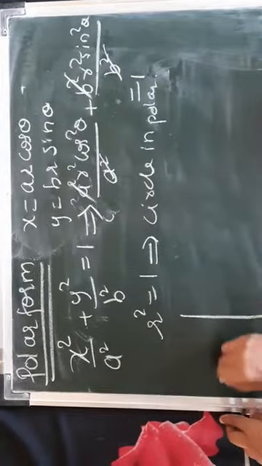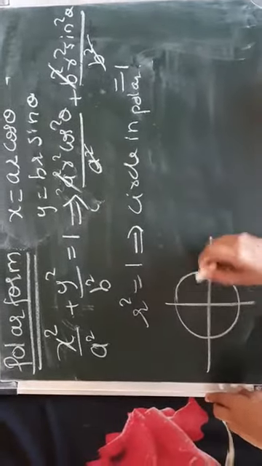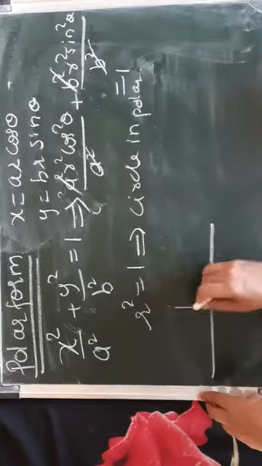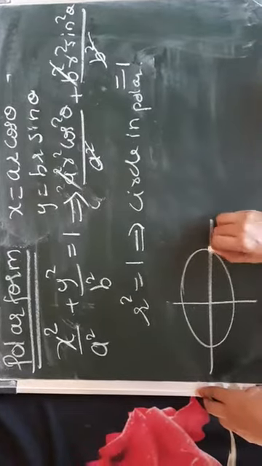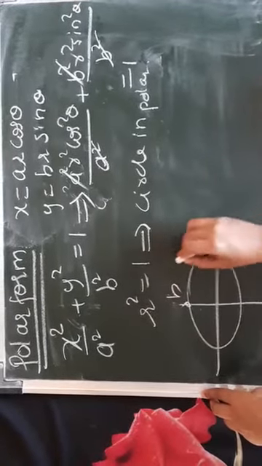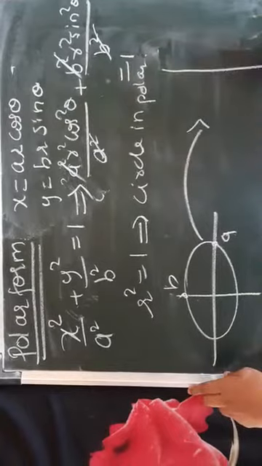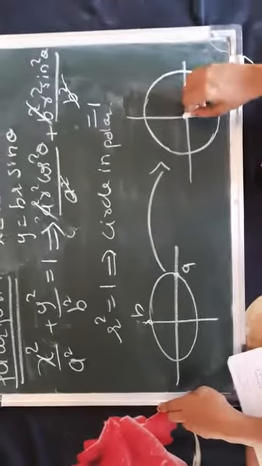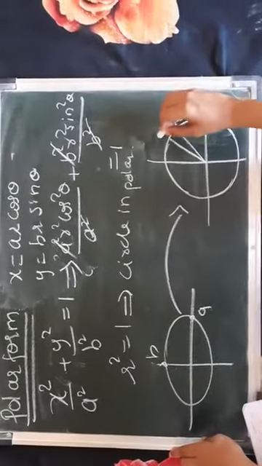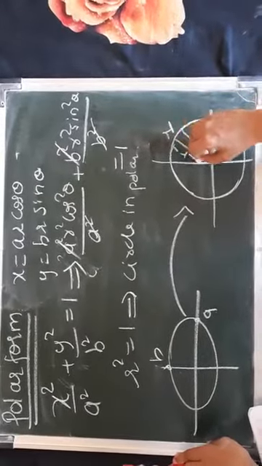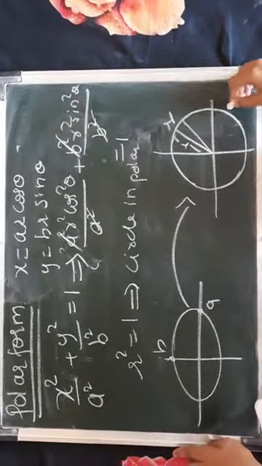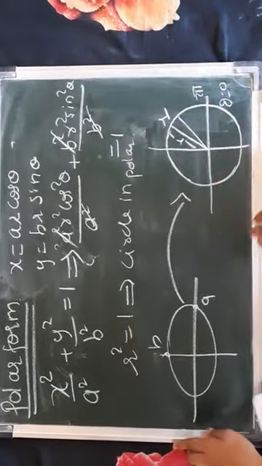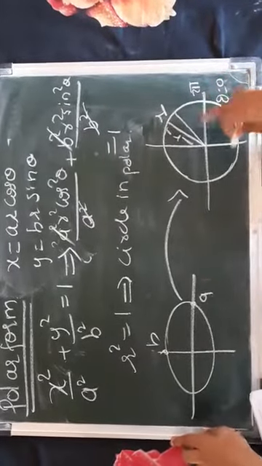That means what is happening? Your ellipse in Cartesian form, suppose this is A, this is B, gets transformed to a circle in polar form with radius 1, r is equal to 0 to 1, and theta obviously will be going from 0 to again 2 pi, because we have to complete the entire ellipse.